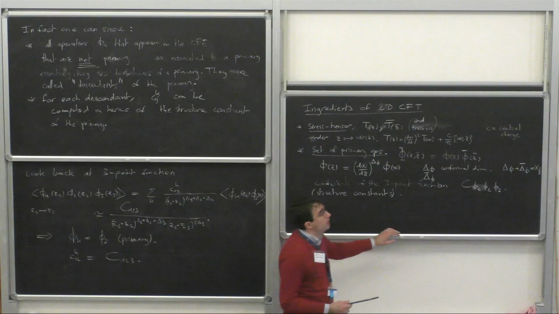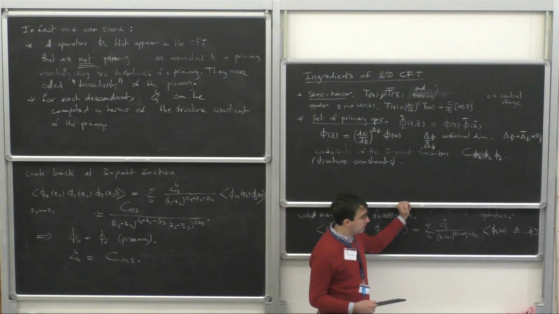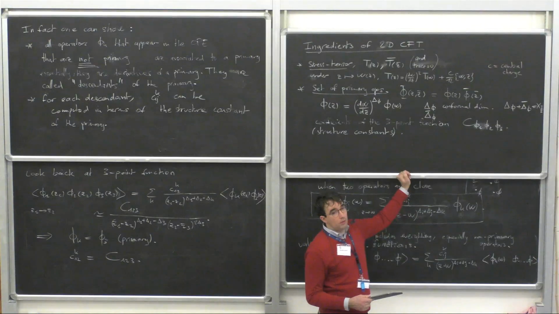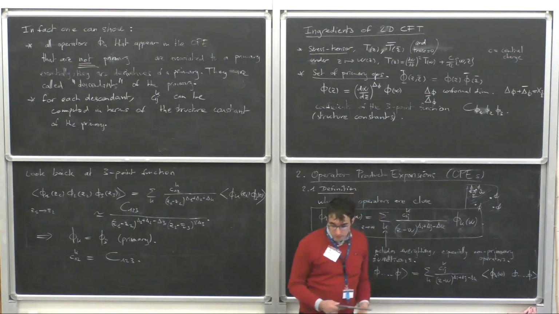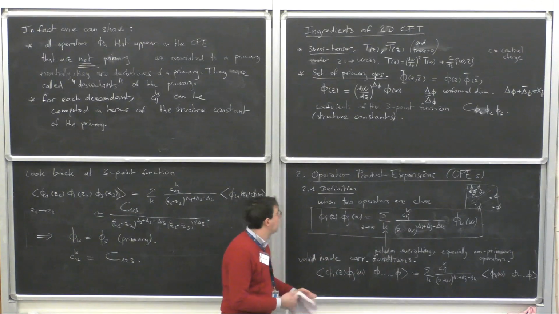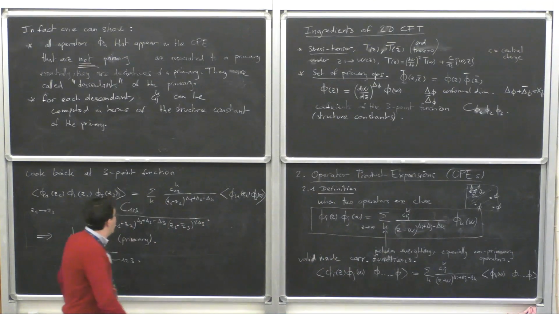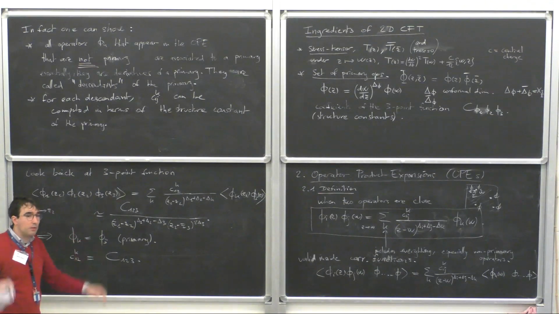So is there a way to know? That depends on the theory. We'll see some examples later where indeed we know them. Does it mean something in terms of complexity of the theory? Yes, in the sense that the fewer primary fields, the smaller the theory, so the easier in some sense.